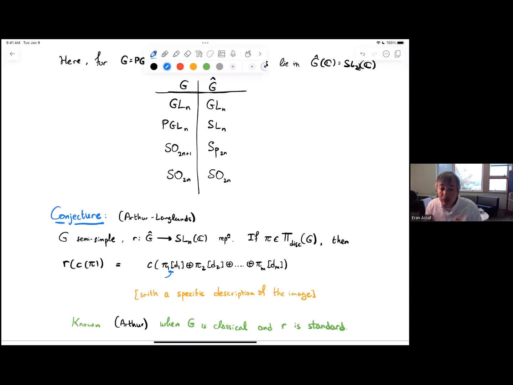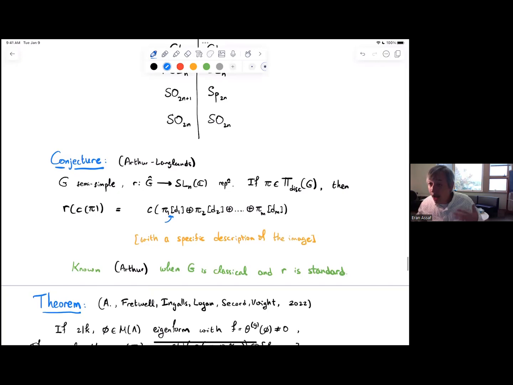And of course, this conjecture also has a specific description of the image that I would not say much about. And Arthur's classification showed that this is true when G is classical and R is the standard representation. I should say that Arthur only showed it for the split form, and then Taibi in 2019 showed it for other inner forms. Again, only when R is standard.